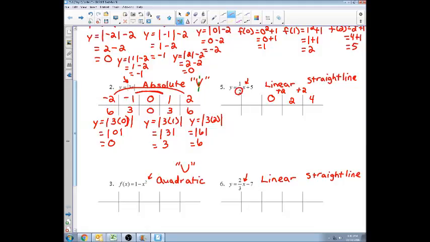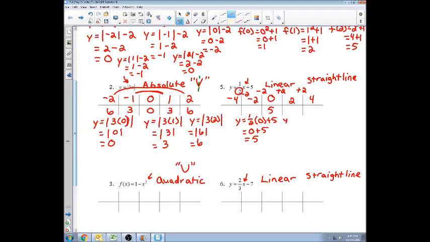Going to the left, I want the other side of my y-axis. So I will subtract 2, which would get me negative 2. Subtract 2, which would get me negative 4. Notice that I'm counting by 2's because my denominator is 2. So now I'm going to put in 0 for x, so 1/2 times 0 plus 5 would equal 0 plus 5, which is 5.